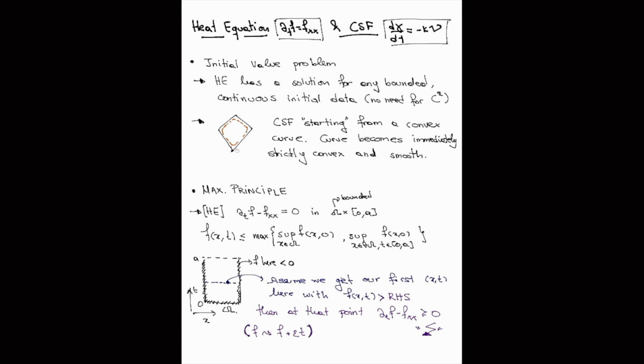We mean something that's smooth up to the open T0, and it converges in Hausdorff distance or C0 topology to your original convex curve. This is very useful because it allows you to start with any convex initial data.